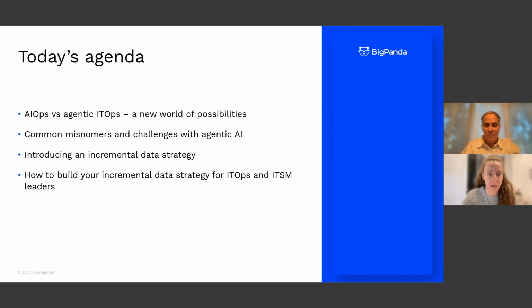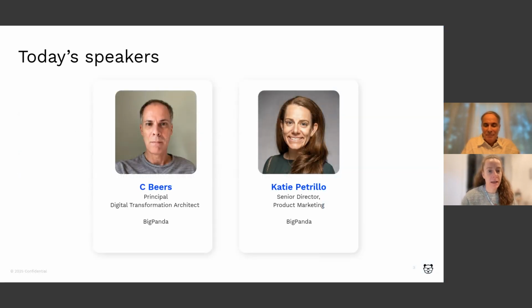What does that really mean? What does that look like? And then we're really going to dig into it, and really talk about what it means to build your own incremental data strategy within your organization that helps you to meet your goals and deliver measurable success for your teams and for your business. So that's a snapshot of what we'll be discussing today.